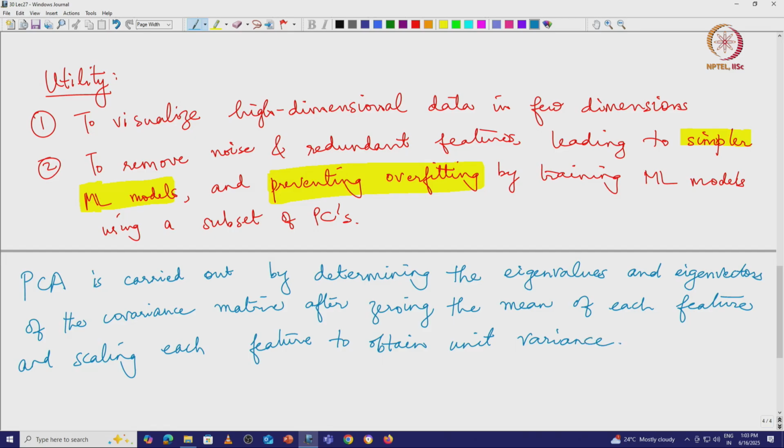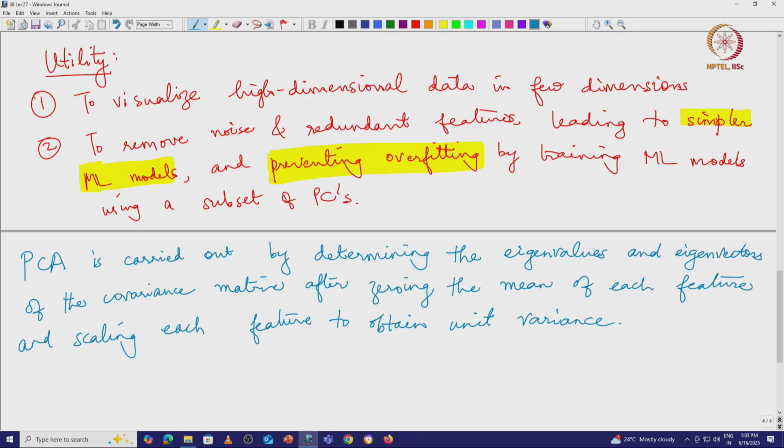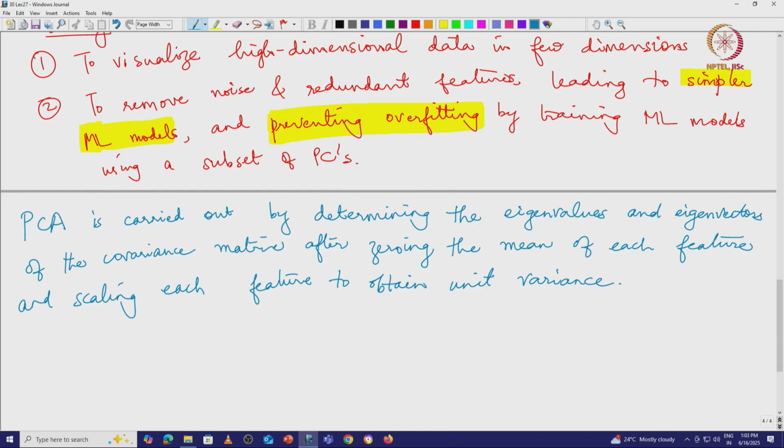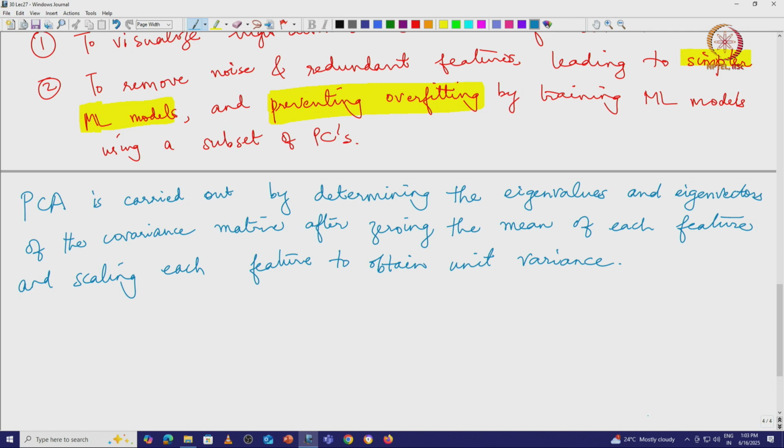So, you have scaled every feature so that you get unit variance and you have shifted each feature so that you get zero mean for every feature, right. So, this is standardization of the data.